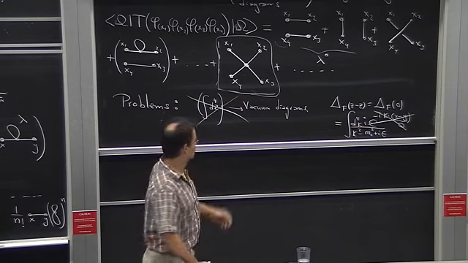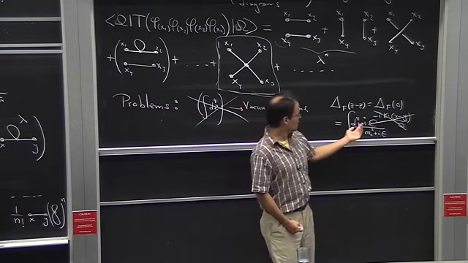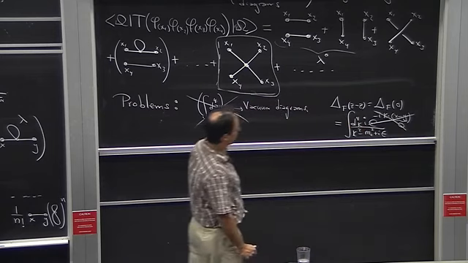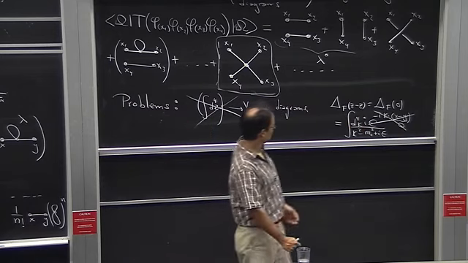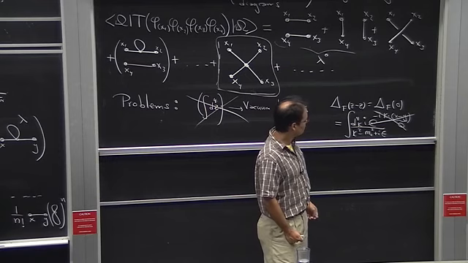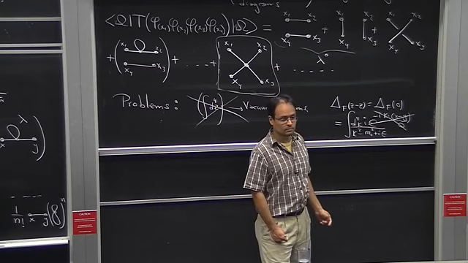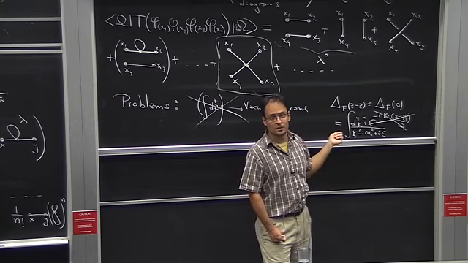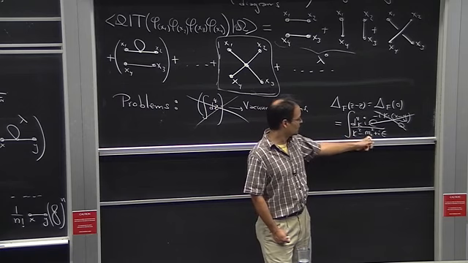For very large momentum, that's right. For very, very large momentum, this integral doesn't converge. If k is very, very near 0, this integral is completely fine, right?